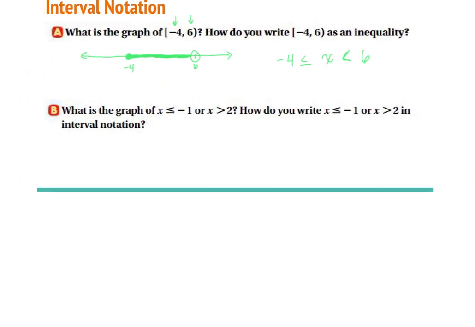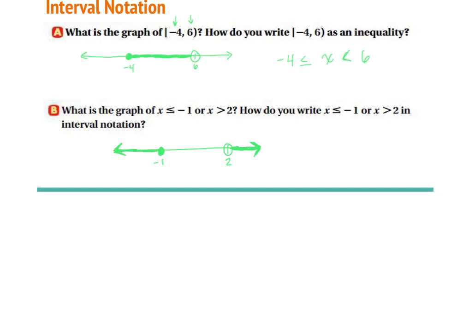What is the graph of x less than or equal to negative 1 or x greater than 2? Here's negative 1, here's 2. Negative 1 is included. x is going to be less than or equal to negative 1. 2 is not included, and x has to be greater than 2.